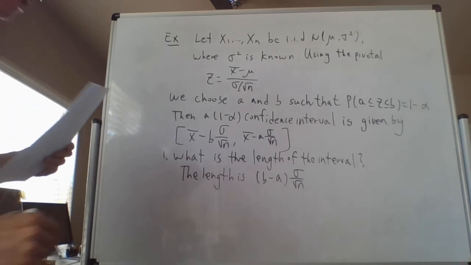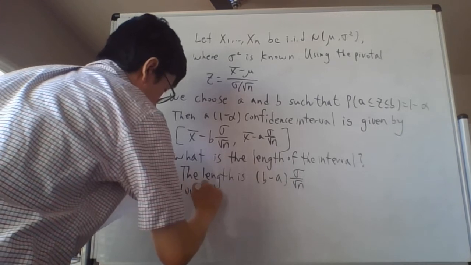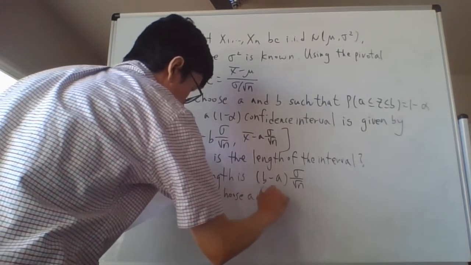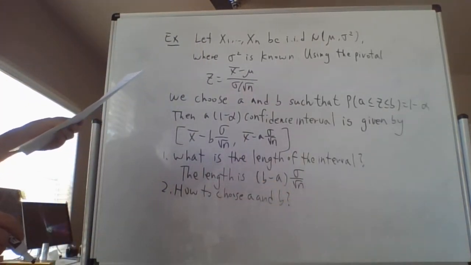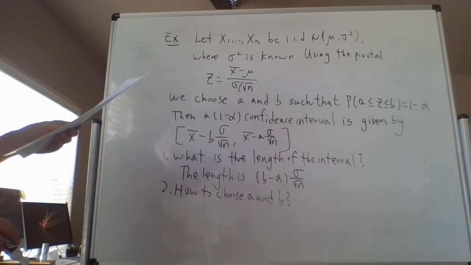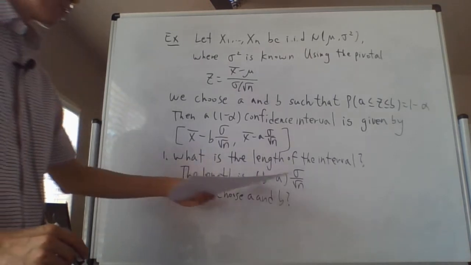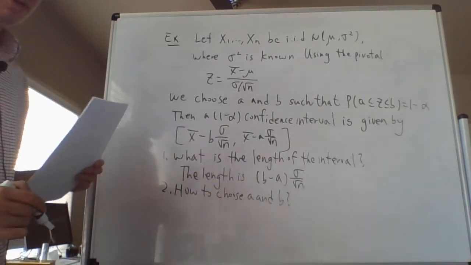And then the second question is how to choose A and B to make the length the smallest. The expected length is also B minus A times sigma divided by square root of n.